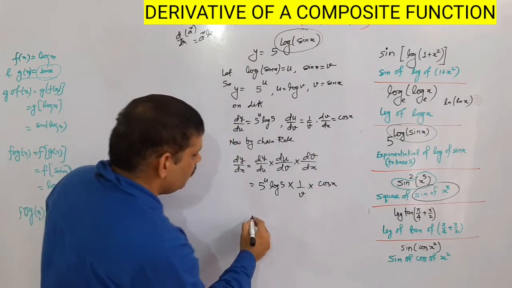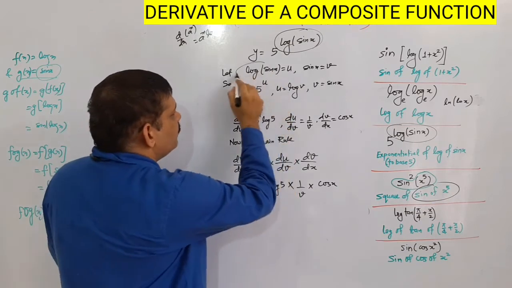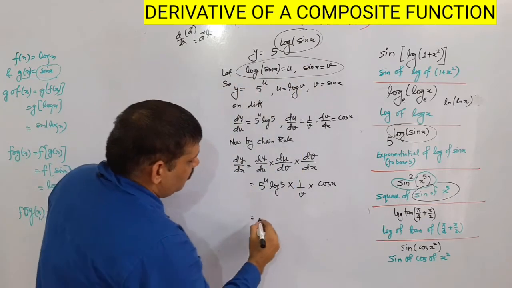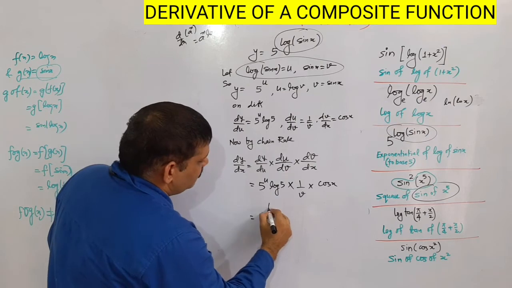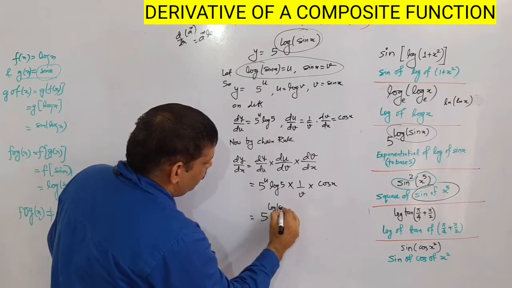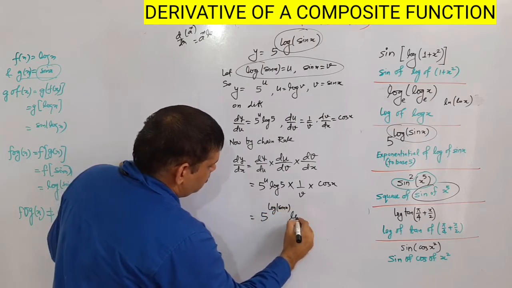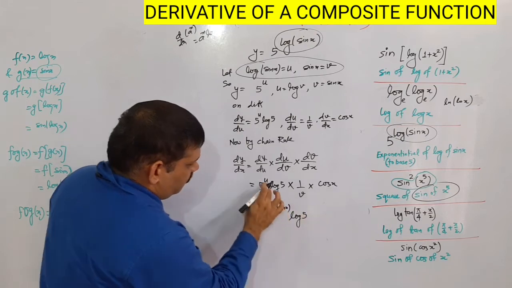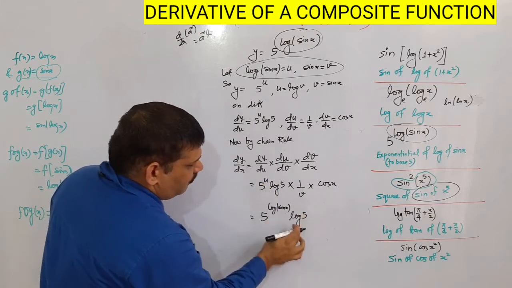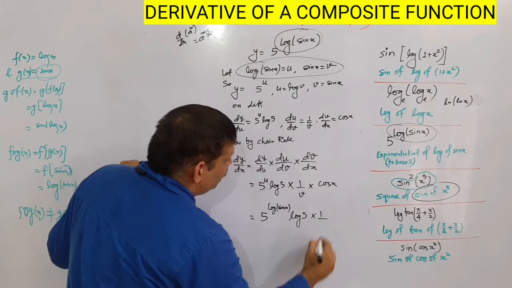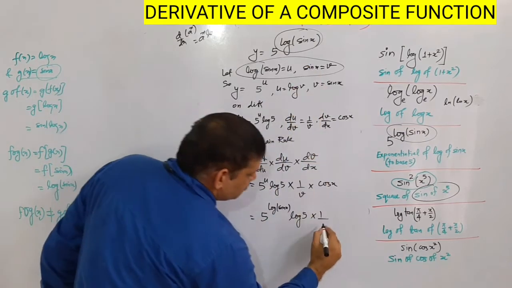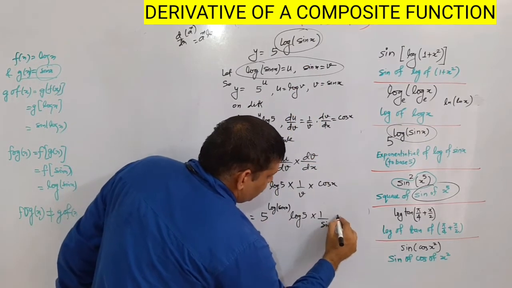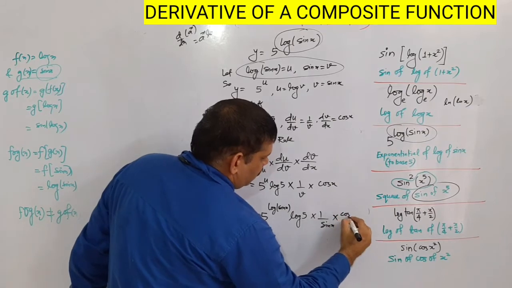Now substituting the values of u and v, 5 raised to u actually is log of sine x, into log 5, into 1 upon v, which is 1 upon sine x, into cos x.